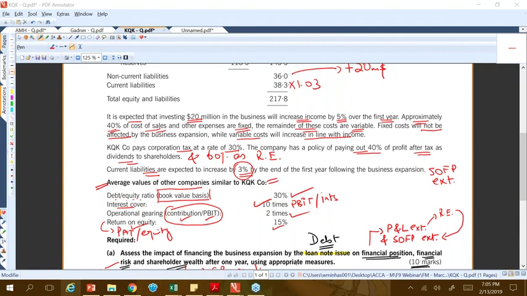Okay, correction. What if the examining team doesn't tell us that the variable cost is increasing in line with the sales? Well, in that case, you will not increase the variable cost. That means that the variable cost will be fixed, but that would not make any sense because variable costs go up with the activity. So it's unlikely that the examining team would say that.